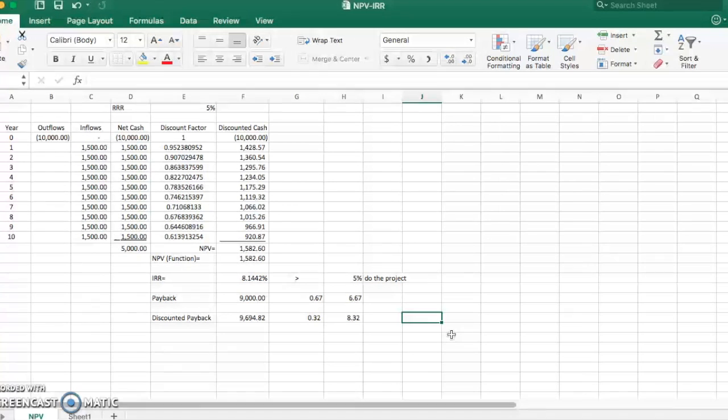How many months is that? Well, a year is 12 months times 0.32. So that's 3.84 months, so it's almost 4 months. But you might want to just round it. You could say that's around the first quarter, start of the second quarter.